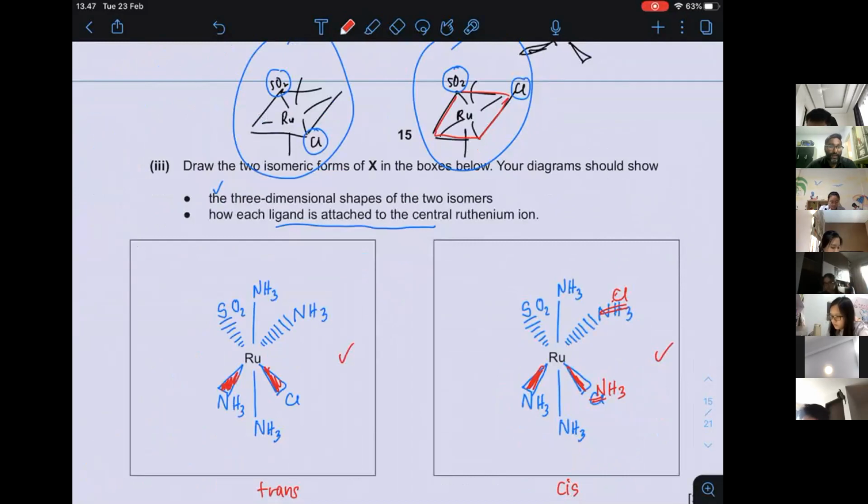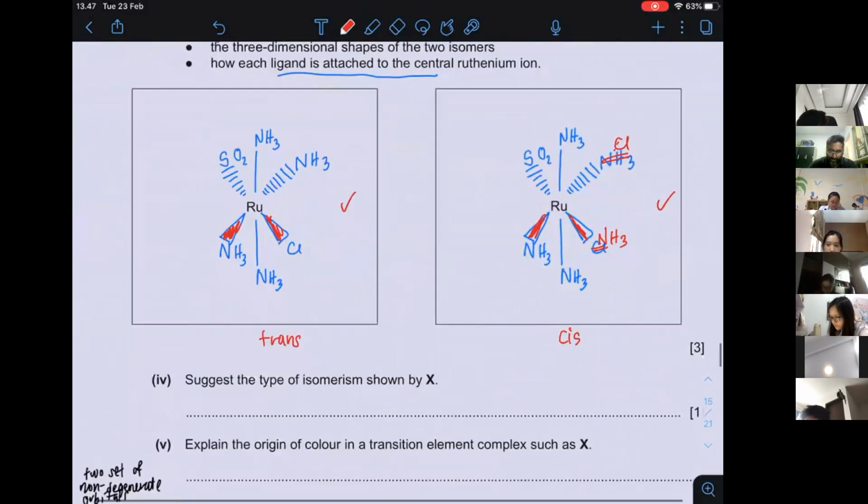Different arrangements, they do accept, as long as your Cl and SO2 are across, then it's trans. As long as your Cl and SO2 are side by side, then it's going to be cis. That is how they are going to give you the mark.